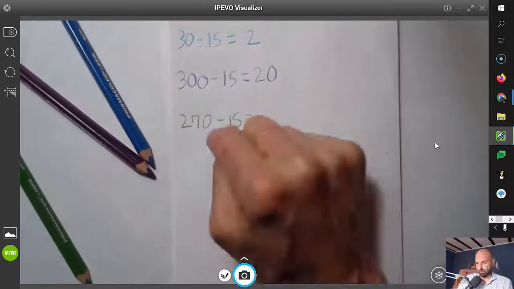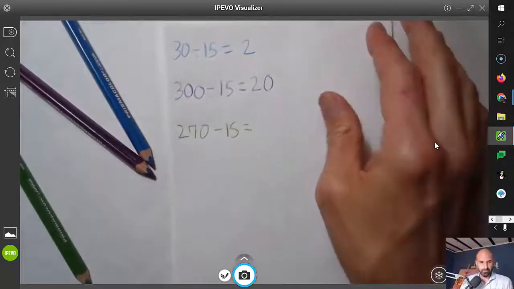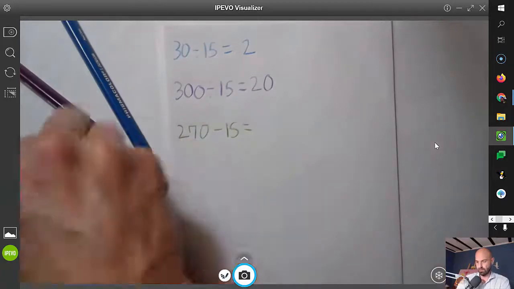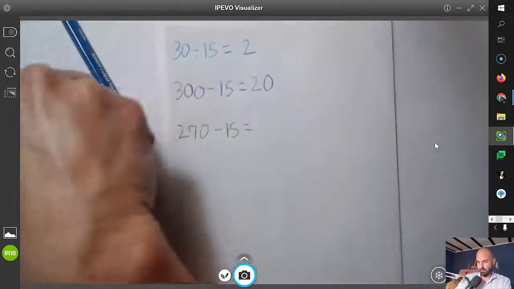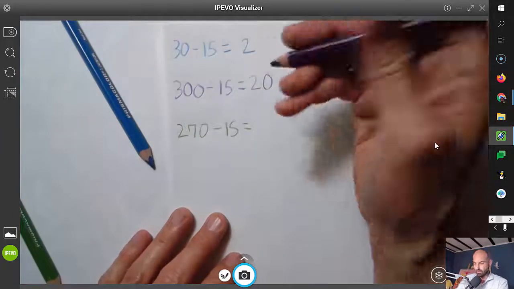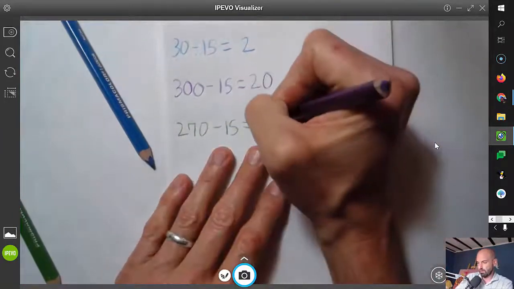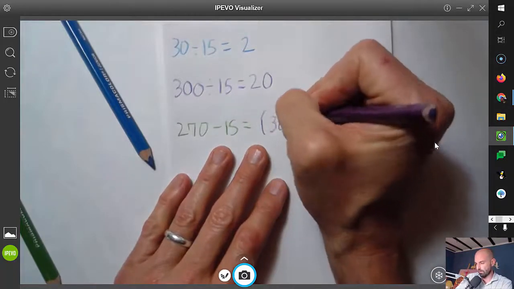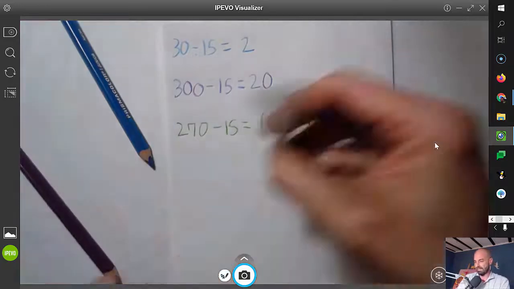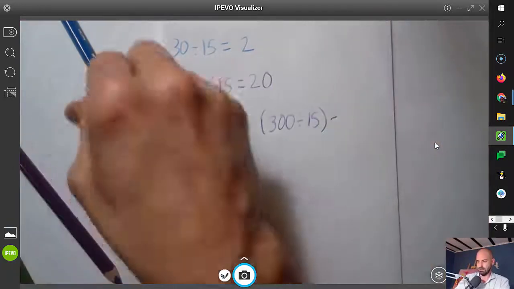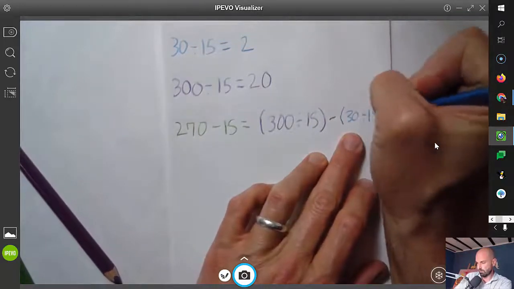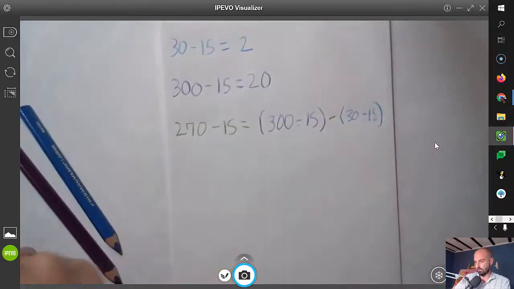So how can we use this information to figure out 270 divided by 15? How can we find some partial quotients and subtract and add those together? 3, 2, 1, 0. Well, hopefully you saw that 300 minus 30 is 270. So what can we do? We can change this to 300 divided by 15 minus 30 divided by 15. And what does that give us?